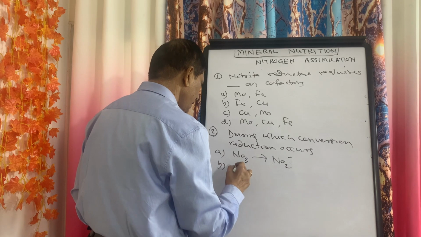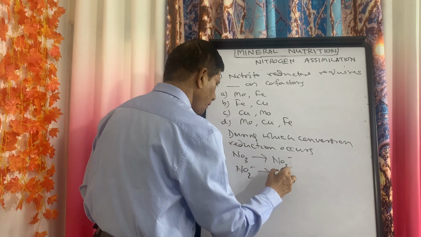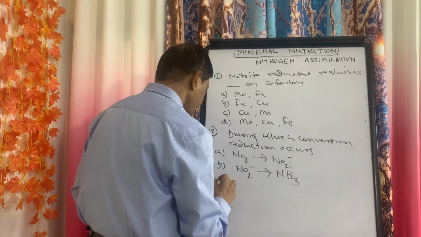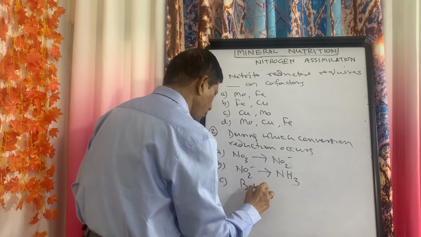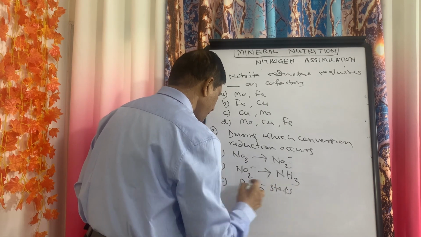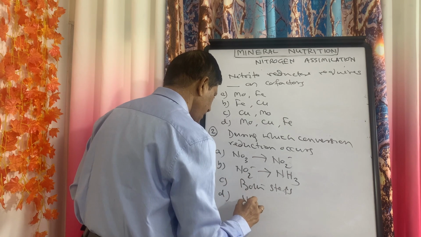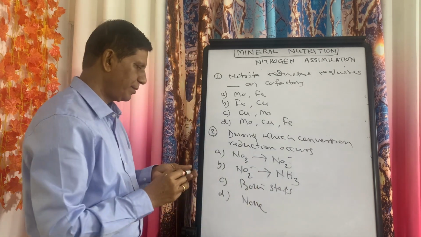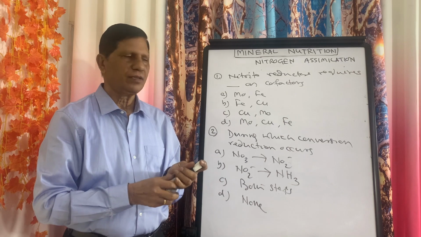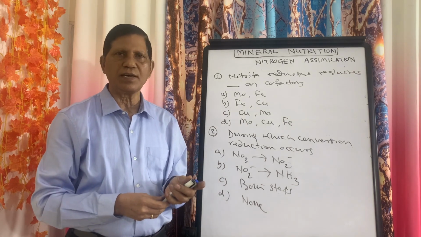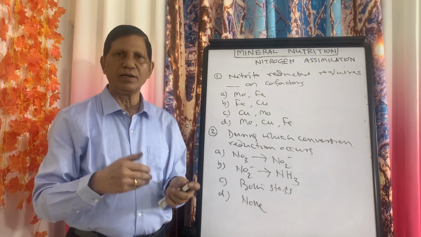B, nitrite is converted to ammonia. C, both steps. And D, none of them. Very good questions. These are the type of standard questions usually asked in national type examinations.